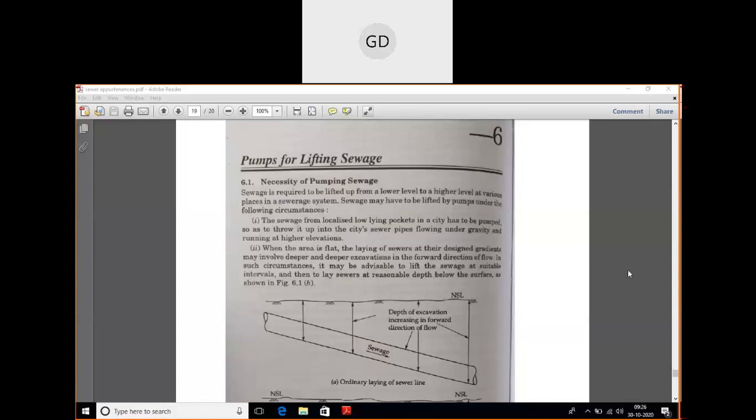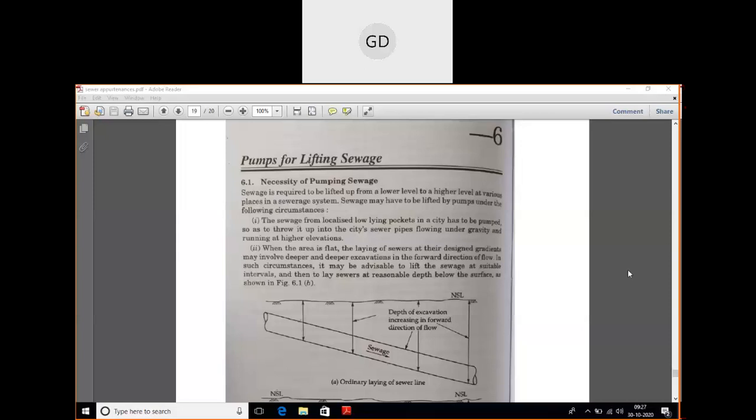Generally, the sewage is to be lifted from a lower level to a higher level, with the help of a pump. Everyone knows why a pump is used. It is used to lift something. So the pumps are used for lifting the sewage.